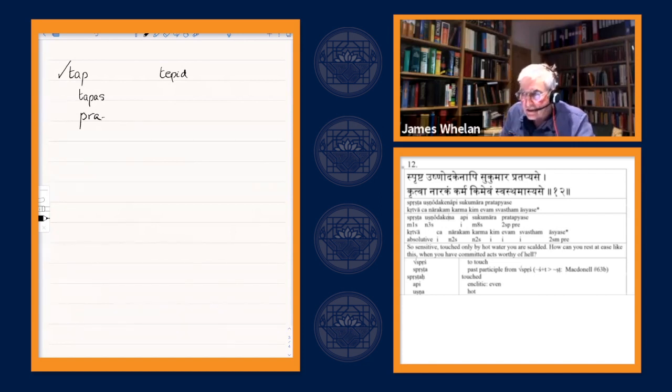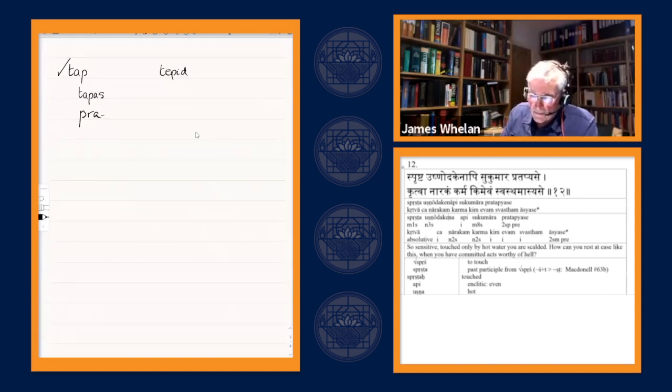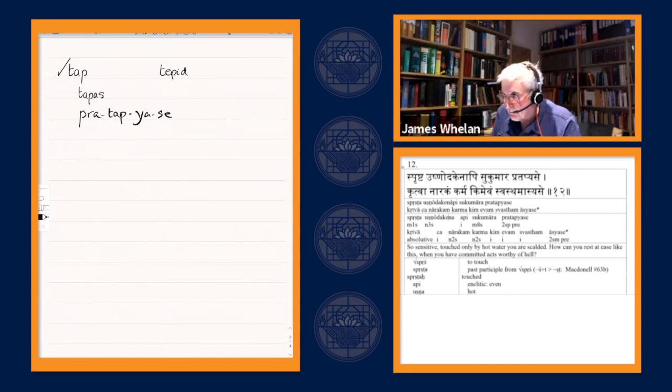Proactive, acting in advance, acting forwardly. But very often it just has an intensive meaning. So pratap means to torment, to burn intensively. Make the passive by adding the ya infix, pratapyase. You are tormented. You feel severely burnt. Pratapyase.